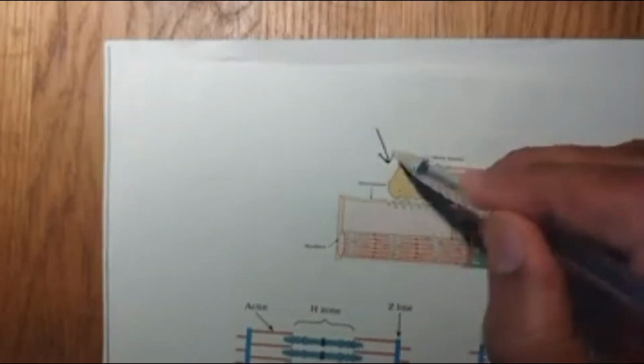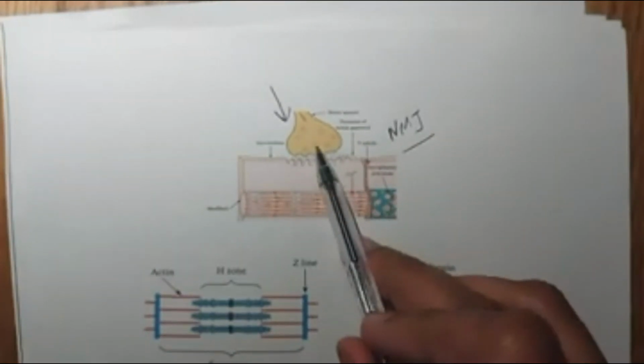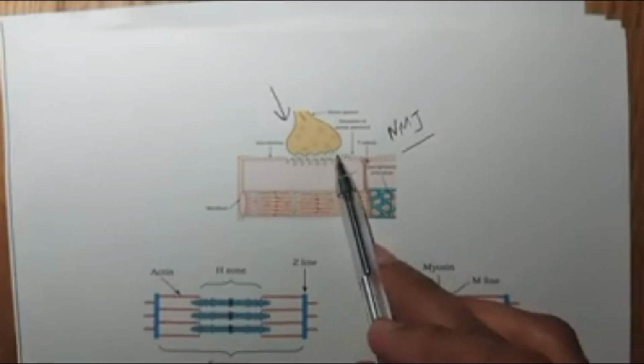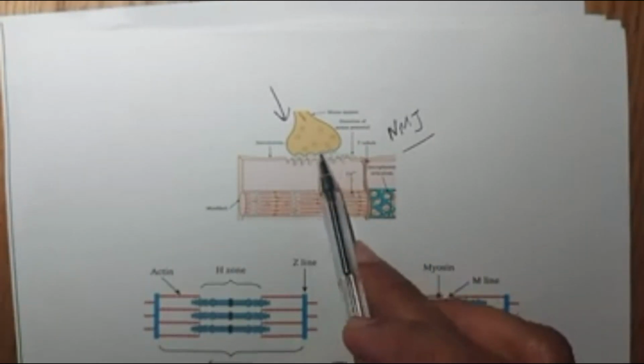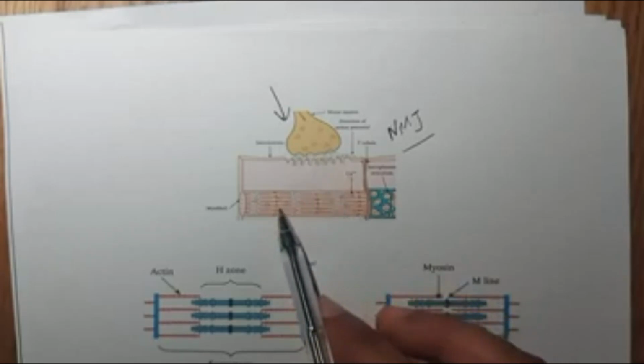The nerve impulse, the electrical impulse, is coming from the brain or spinal cord. This is a neuromuscular junction. The electrical impulse causes the release of chemicals at the neuromuscular junction. These chemicals convey the information to the muscle fiber, and the muscle fiber has special proteins.